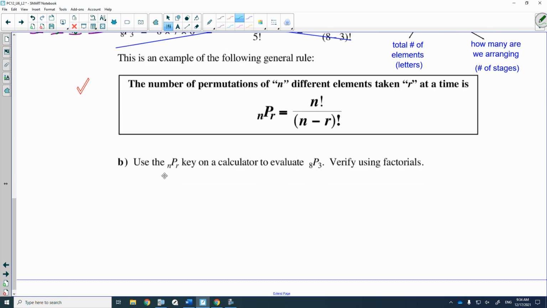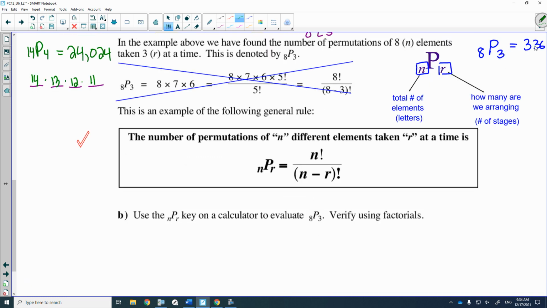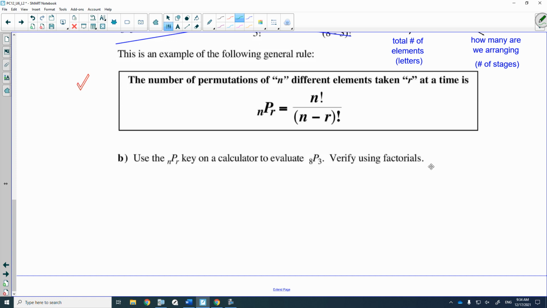So it says use the n permute r key on your calculator to evaluate 8 permute 3, which we did, right? 8 permute 3 is 336. So let's write that down. And then it says verify using factorials. If it says verify using factorials, we are using this formula here because this formula uses factorials.